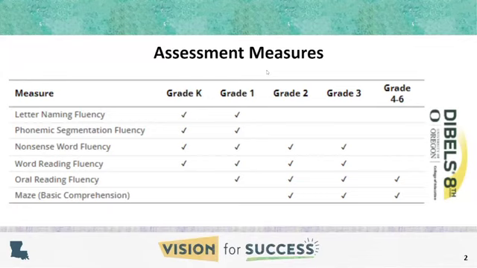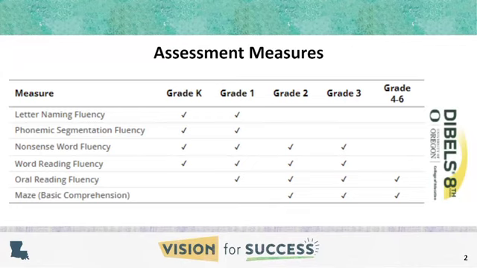The dynamic indicators of basic early literacy skills, also known as DIBELS, consist of a set of measures for assessing reading skills. DIBELS 8th edition offers 6 subtests designed to assess component skills involved in reading: letter naming fluency, phonemic segmentation fluency, nonsense word fluency, word reading fluency, oral reading fluency, and maze.